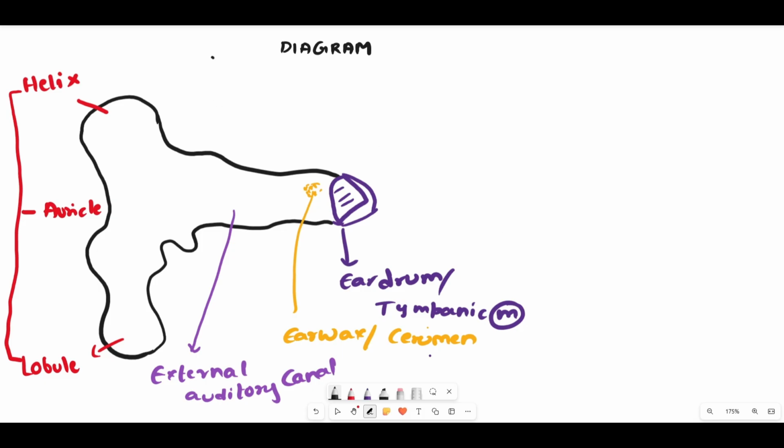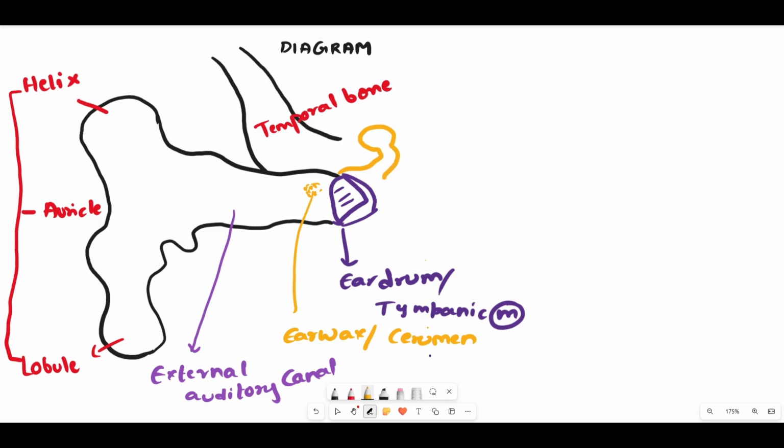From here, this is mainly surrounded by the temporal bone.